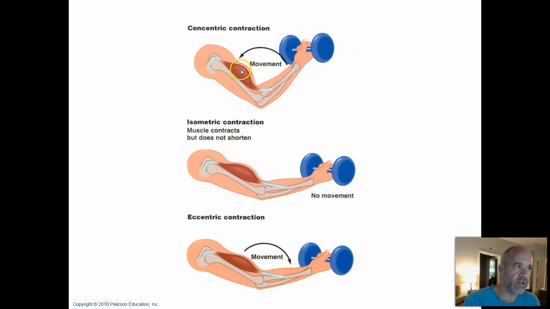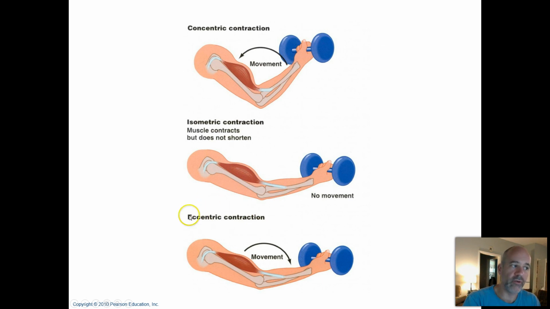It's generating tension, and as you bring that dumbbell up, as your elbow flexes, the biceps brachii muscle itself is going to get shorter. That's a concentric contraction. An isometric contraction would occur if you had tension developed within the muscle, but you're just holding the dumbbell there in place. So the biceps brachii muscle itself is not getting shorter and it's not getting longer.